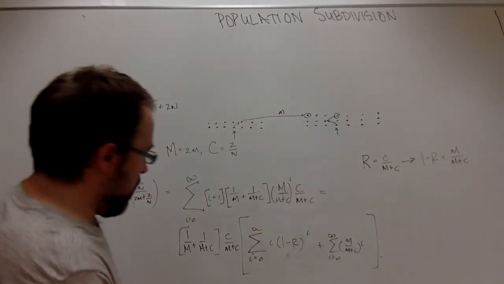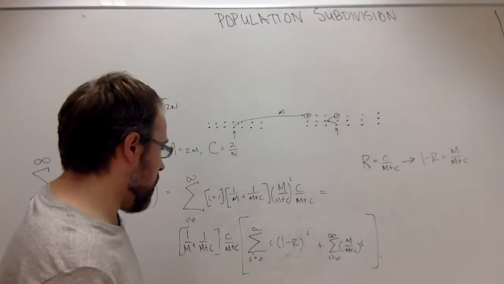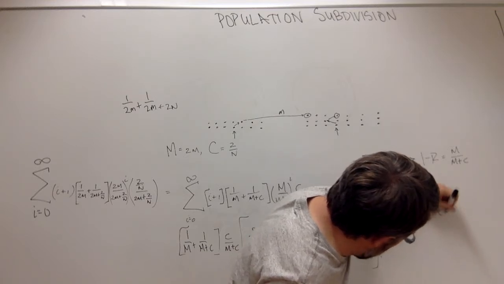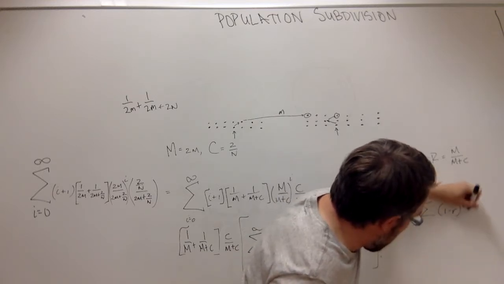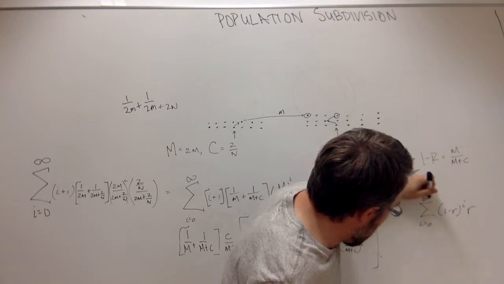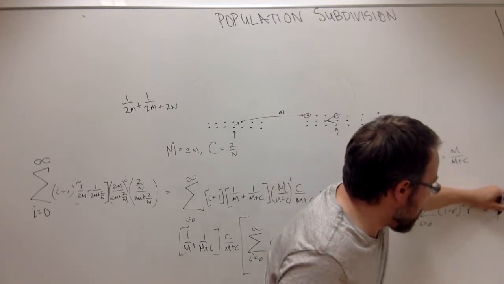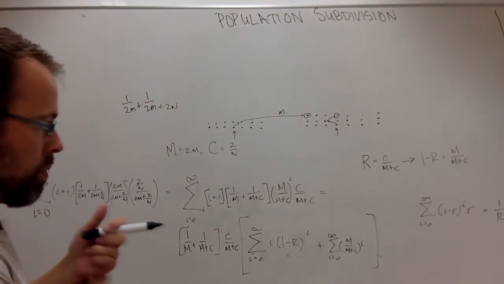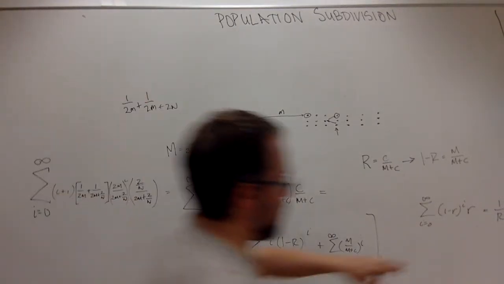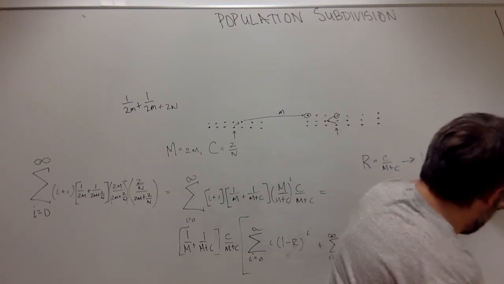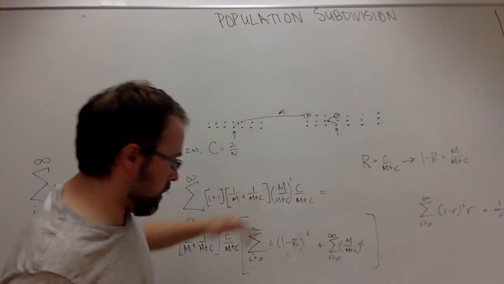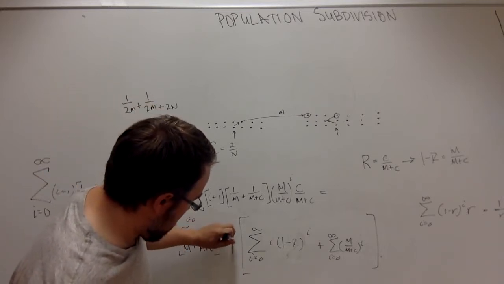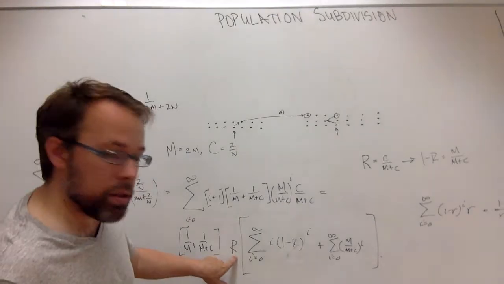We can then recall that this summation is equal to 1 over r. Sorry, 1 over little r. And we see that this term looks quite similar to that. It's just missing an r, but actually this thing is an r. So let's redistribute this r.